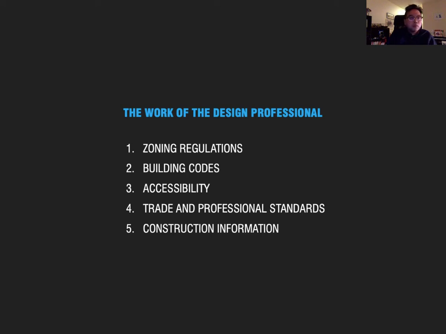First, you have to know the zoning regulation, and then you have to know the building code, which is IBC, and you have to understand accessibility. It's a part of the building code. And also understand the trade and professional standards, what kind of standard you have to keep for your design profession, and then construction information: what kind of construction information you have to provide to realize your project.